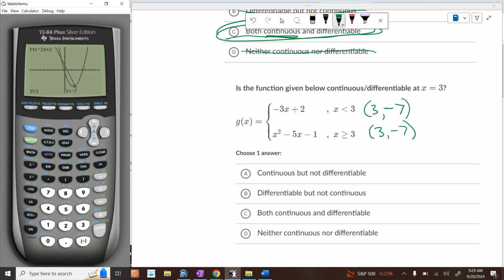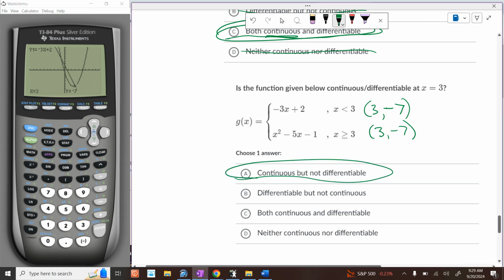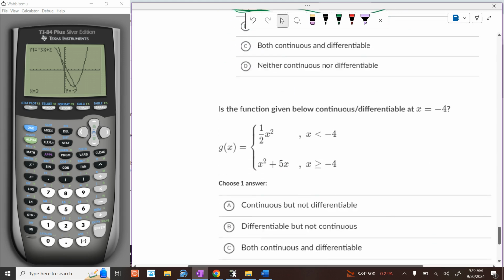So they're going to have different slopes. So it is continuous, but it is not differentiable. Looking at the graph, you can tell that because it comes to a point and then it changes slope right away.